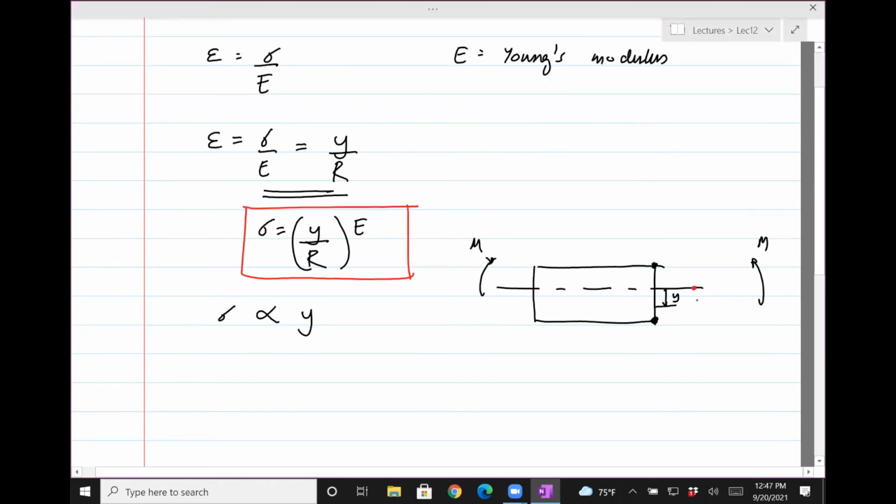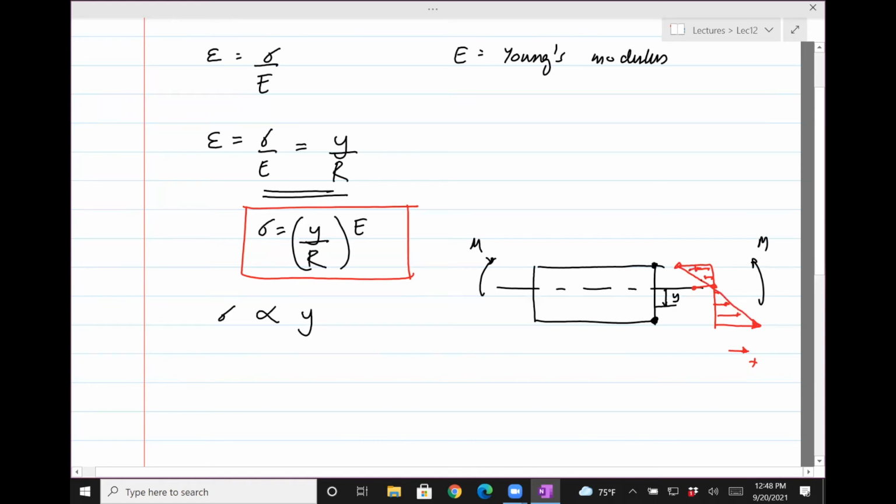There's zero stress. Let's draw the cross section. If you think of this as positive, then that's maximum tension. It decreases, goes to zero, and then it will be negative, maximum here.